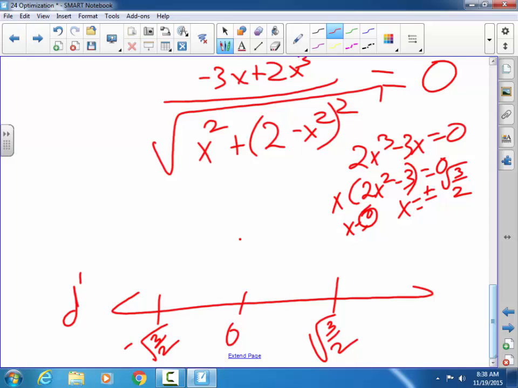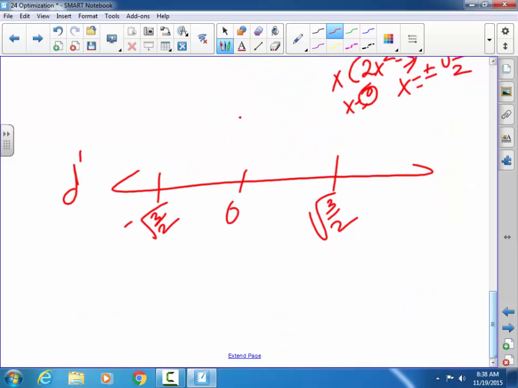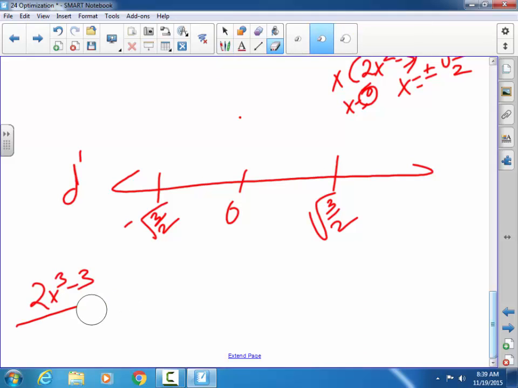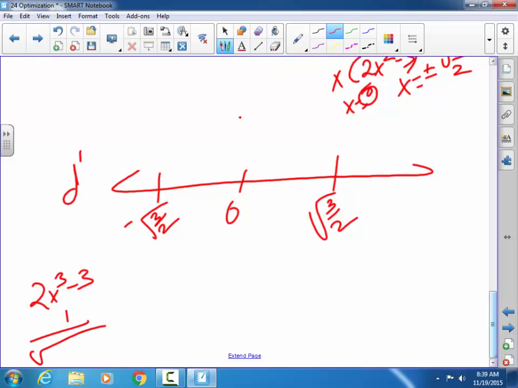Okay? And if we're doing that, then what have we got? 2x cubed minus 3 was the numerator. And then we've got the denominator, 1 over the square root of x squared plus 2 minus x squared, quantity squared. We know it's always positive, so it's really not going to have any bearing on us. Would you agree with that?